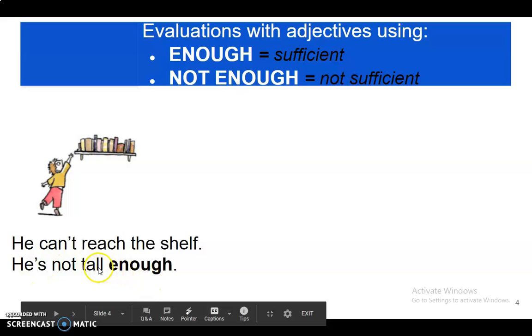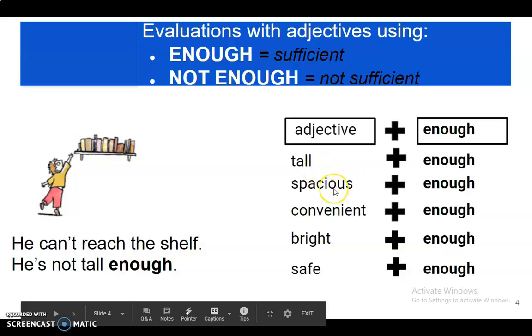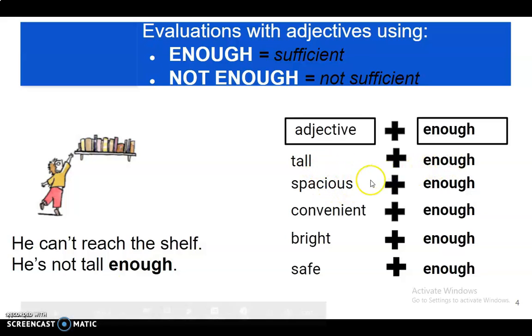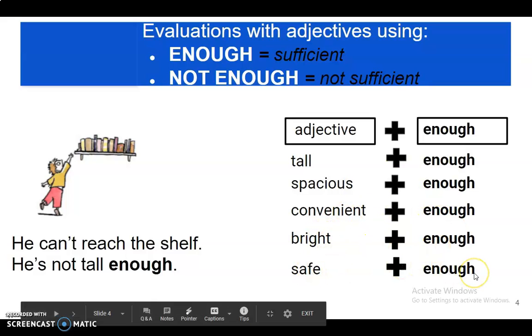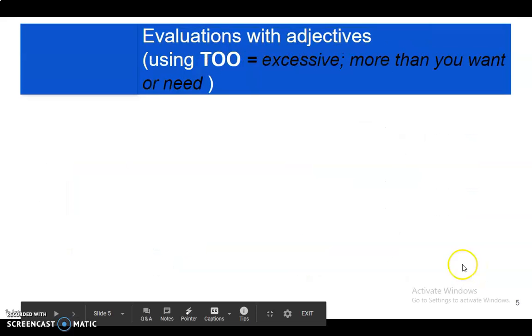In the sentence, the word tall is the adjective, and it comes before the word enough. For example: tall enough, spacious enough, convenient enough, bright enough, safe enough, just to mention some.